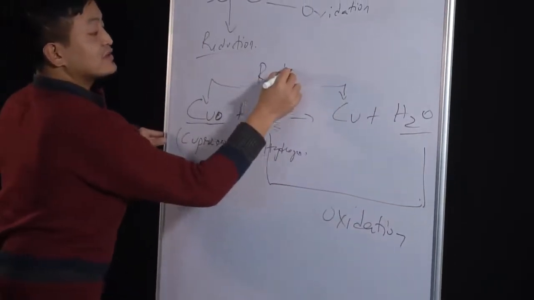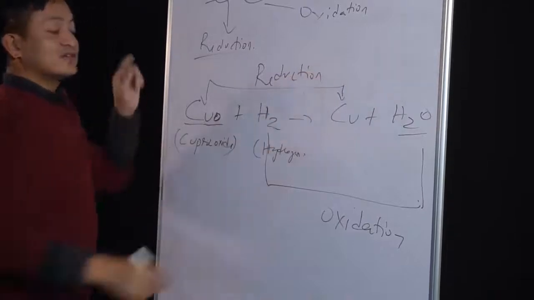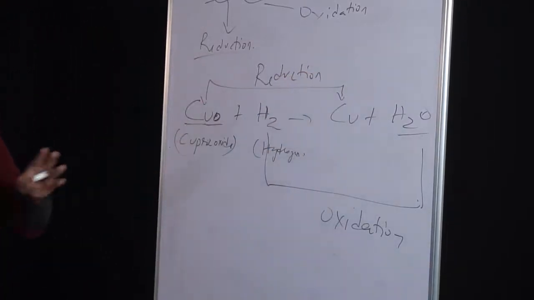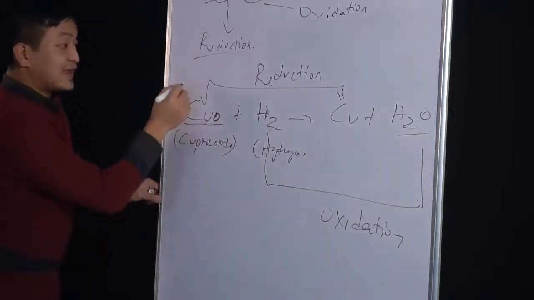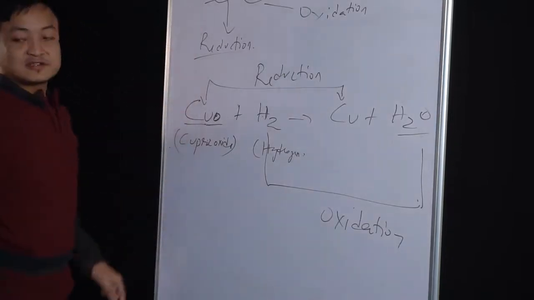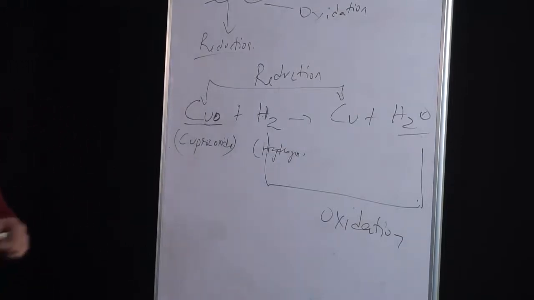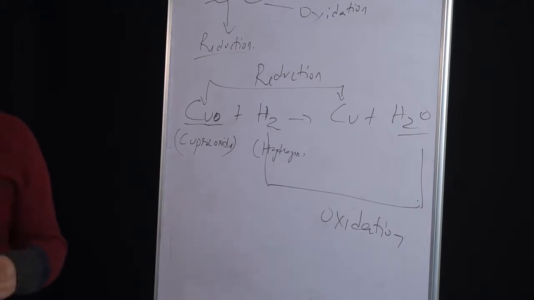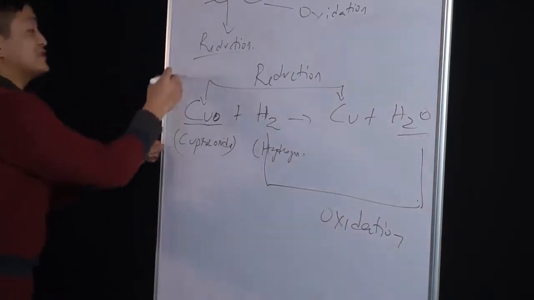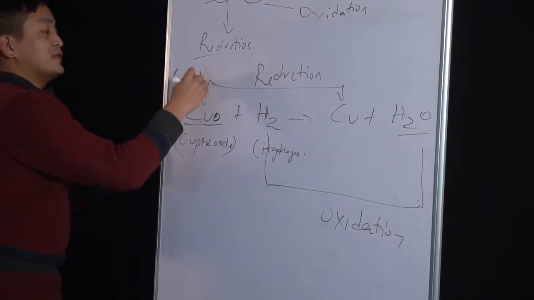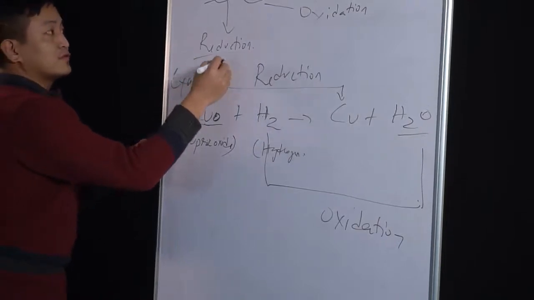So in this equation, reduction and oxidation are taking place simultaneously. This is an example of a redox reaction. The definition of a redox reaction is those reactions in which reduction and oxidation take place at the same time or simultaneously. You can write this as an example for redox reaction.